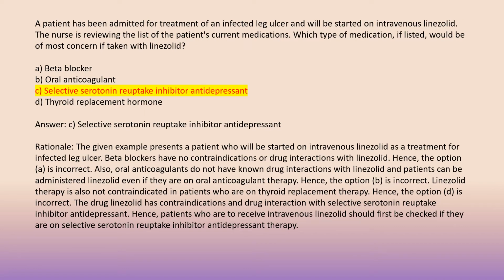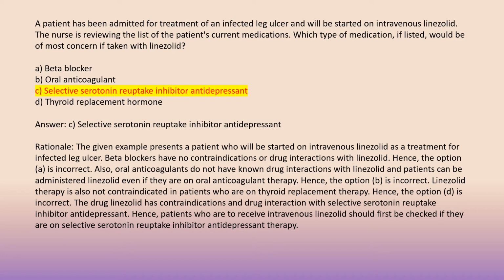Answer. C. Selective serotonin reuptake inhibitor antidepressant. Rationale. The given example presents a patient who will be started on intravenous Linezolid as a treatment for an infected leg ulcer. Beta blockers have no contraindications or drug interactions with Linezolid. Hence, the option A is incorrect.